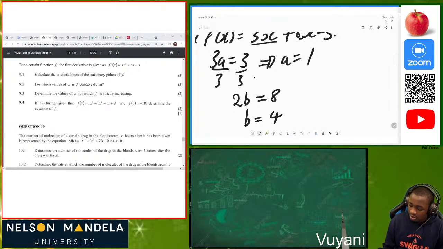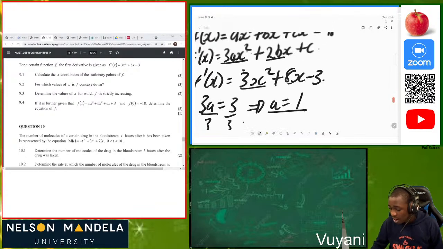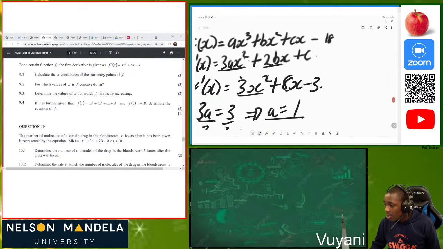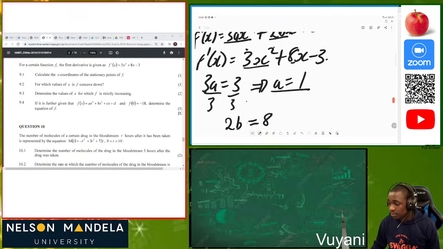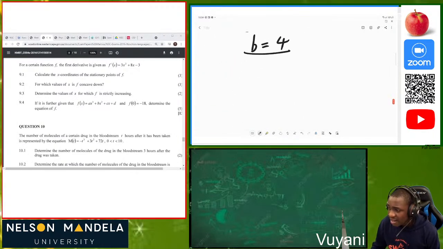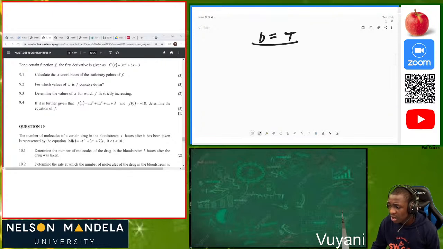Okay, since we have the value of a to be 1 and b to be 4, we now need the value of c. How can we find the value of c now? We can find the value of c by substituting into the equation.